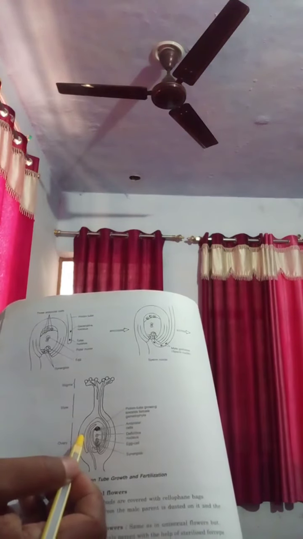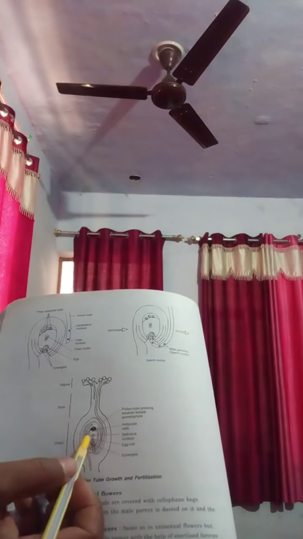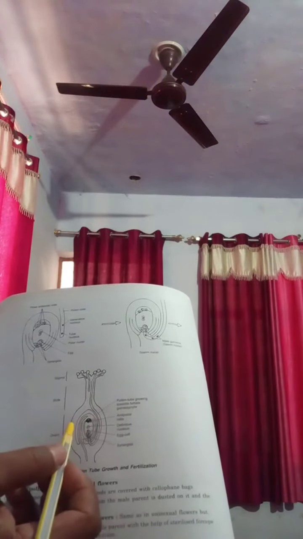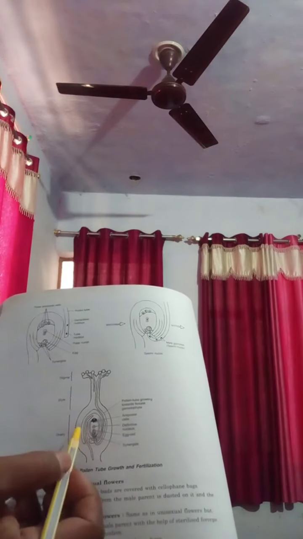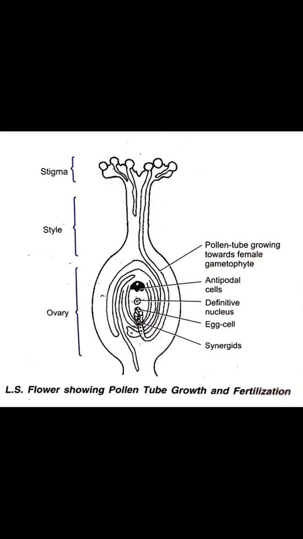After this second fertilization, the formation of endosperm takes place, which later on gives nourishment to the zygote for the formation of embryo. So students, this is all about the double fertilization. In this way the basic concept which was necessary for you I have given to you, and I think you have already studied lot about it in the theory classes also.